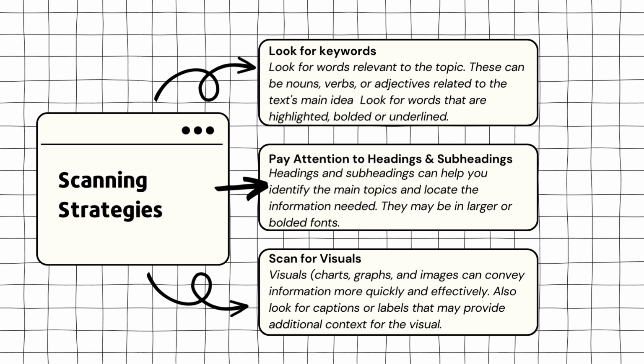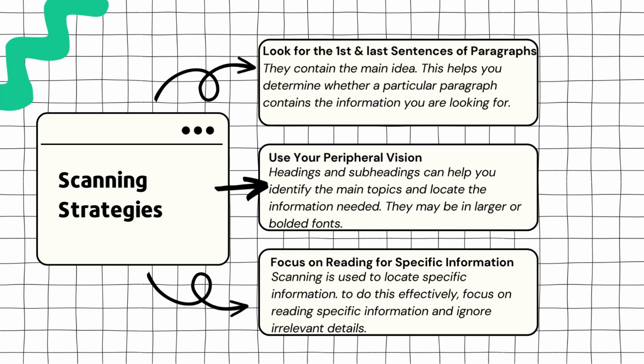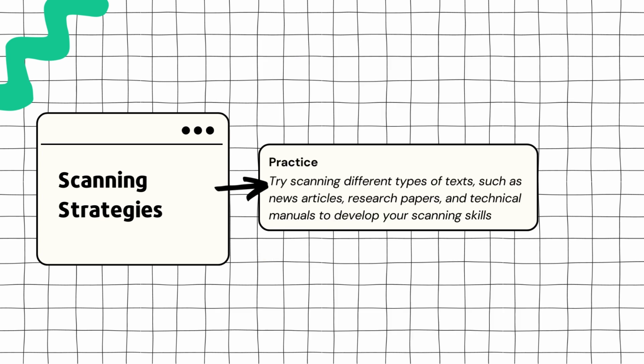Look for keywords, pay attention to headings and subheadings, scan for visuals. Look for the first and last sentence of the paragraphs. Use your peripheral vision. Focus on reading for specific information.